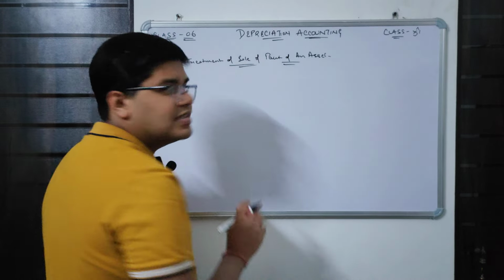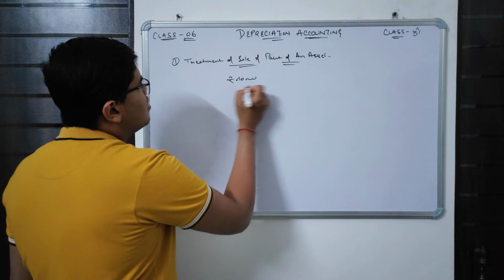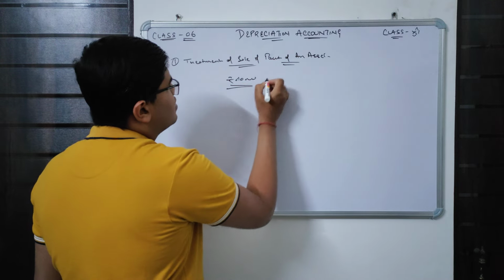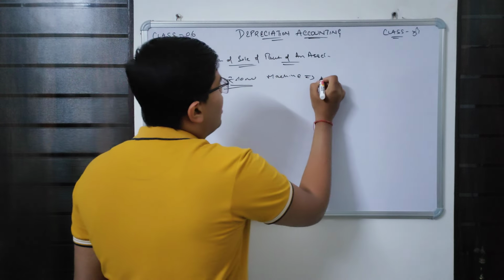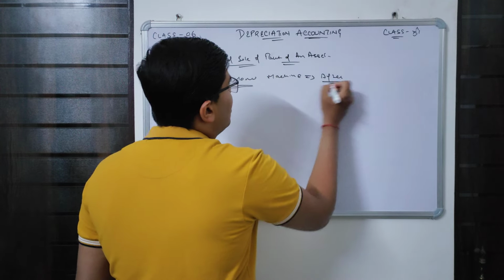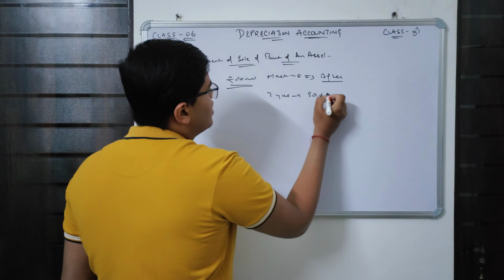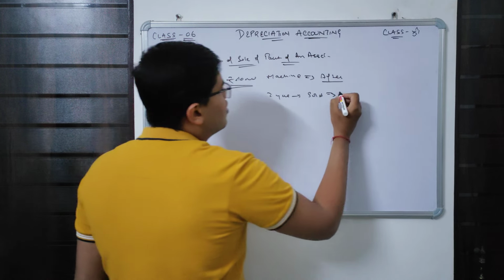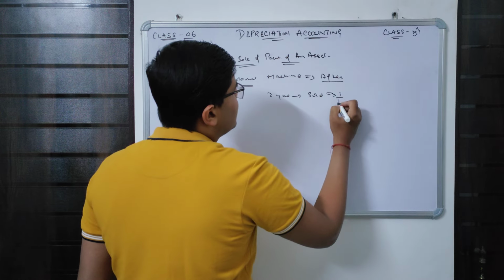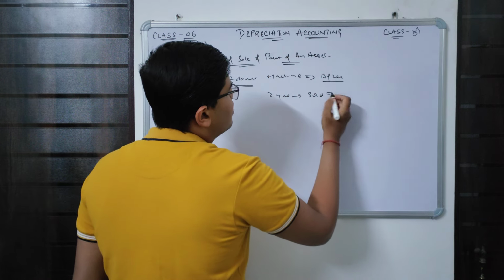The meaning of this is that suppose I purchased a machine for rupees 40,000. After 2 years, I sold a part of the asset.